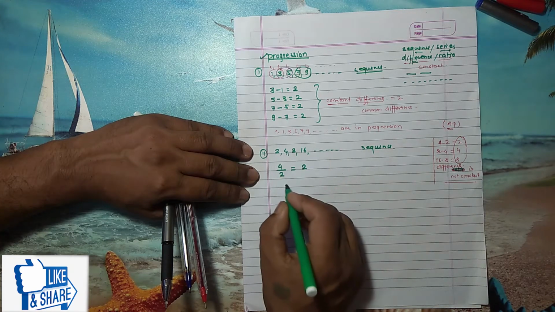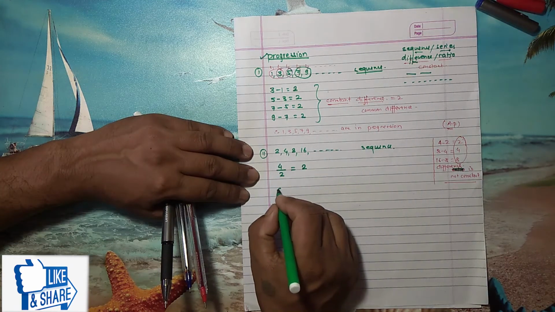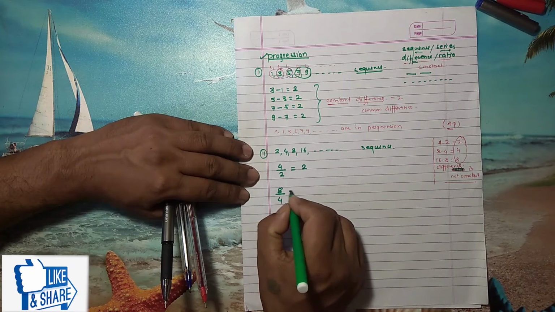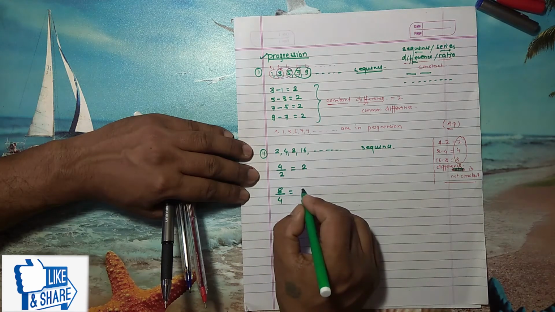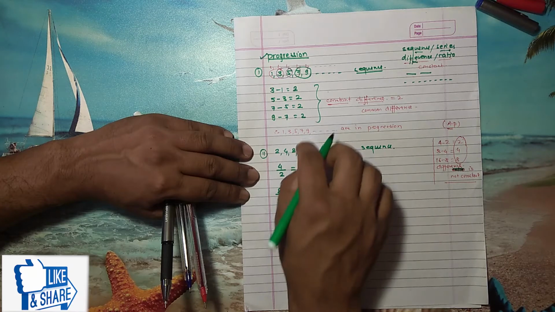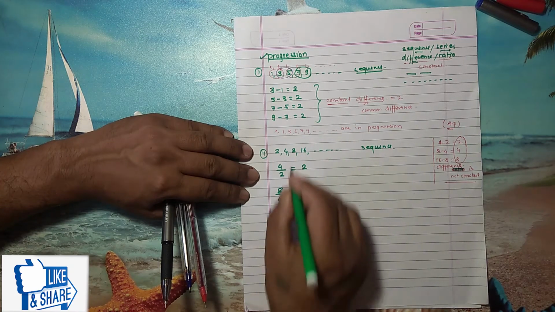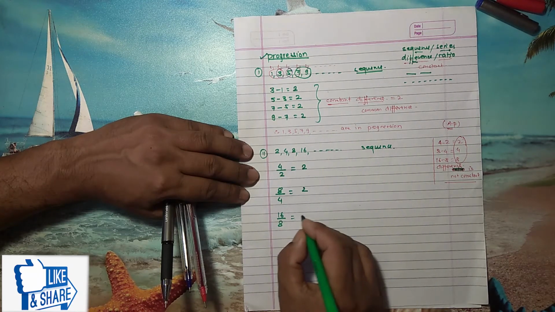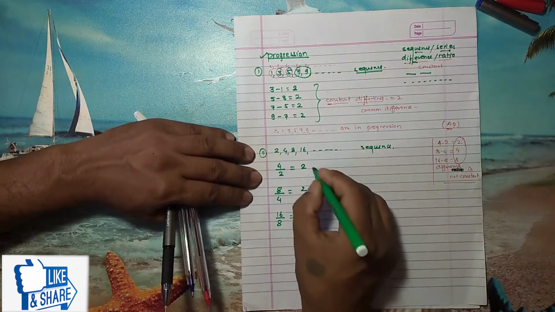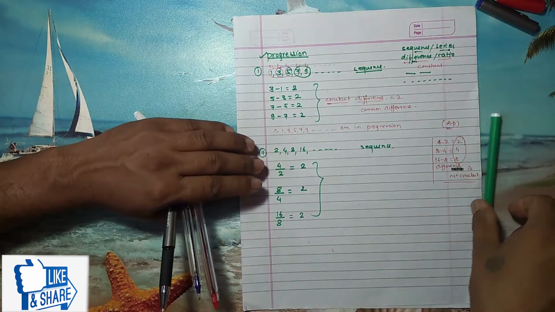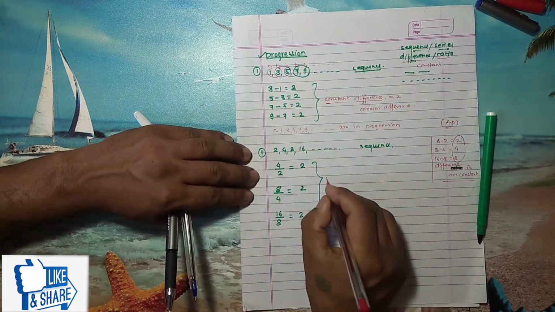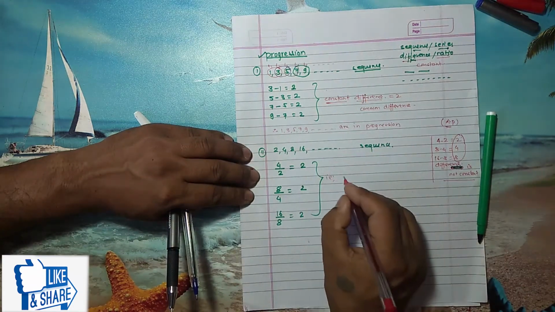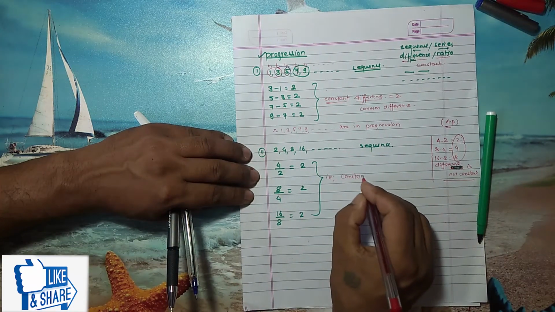Again T3 by T2, 8 by 4 also gives 2. And here 16 divided by 8, also 2. See, the same thing. That is, we have a constant ratio.